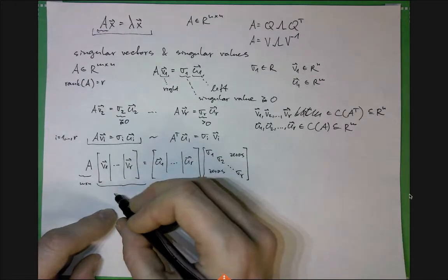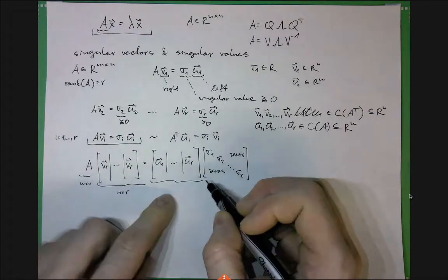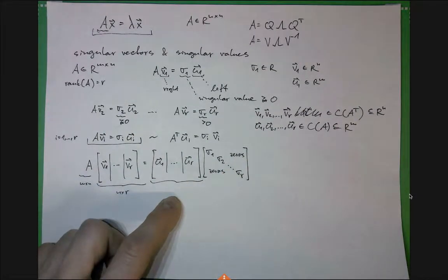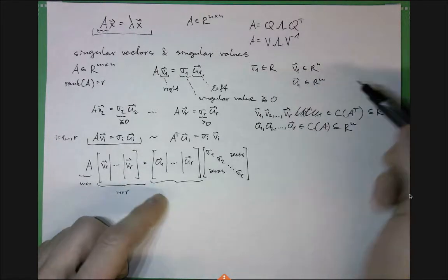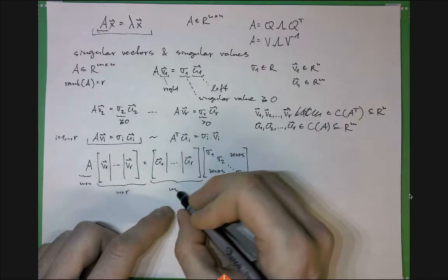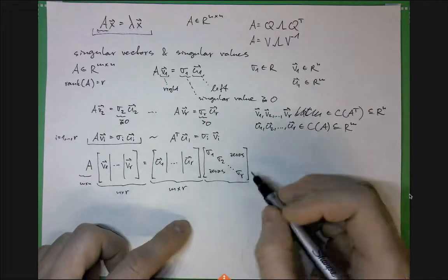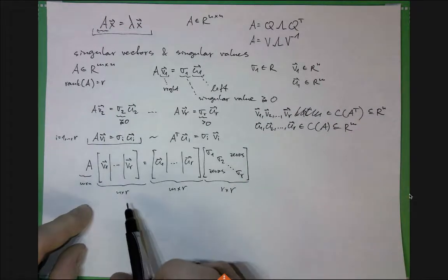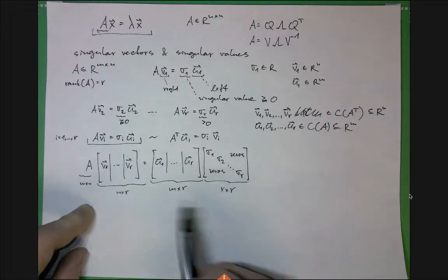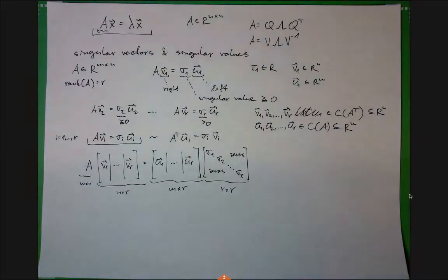If I heard n by r, then I heard correctly. What about this one? These are r vectors in R^m, and I have r of them, so this is m rows and r columns. And this is a diagonal matrix, so this is an r by r matrix. It's always good to check that the dimensions really match, because if the sizes of the matrices don't match, then there must be some mistake somewhere.